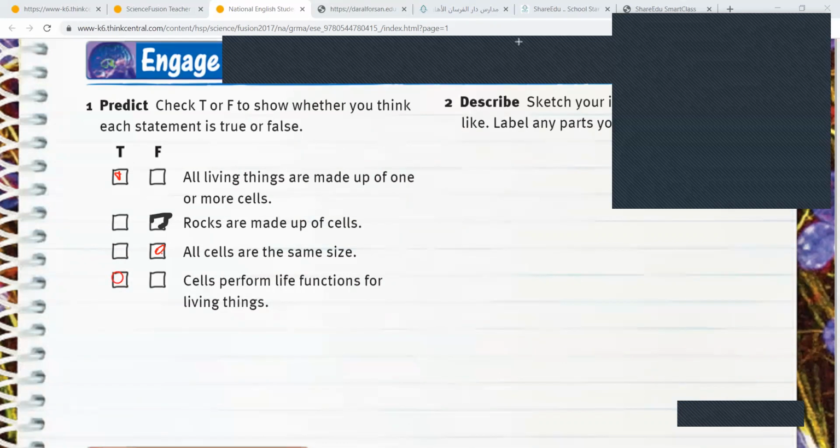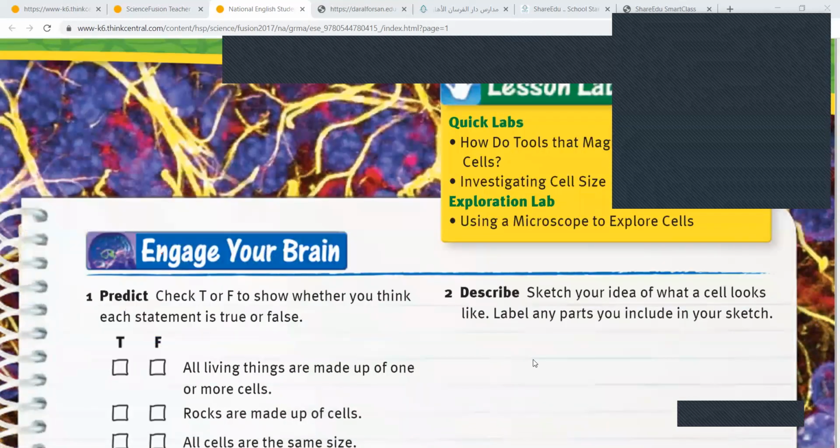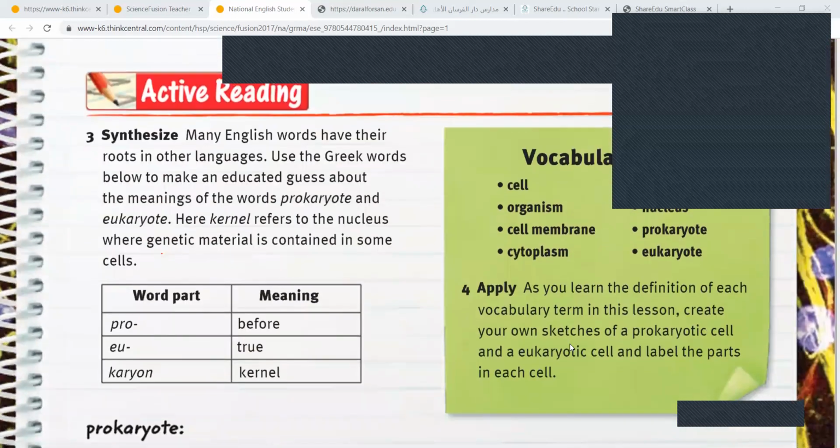Later on, when your book comes, you will just draw simple, whatever comes to your mind. For example, you remember last time when you saw a cell through the microscope, I told you to draw on paper. You will draw what you like, how you feel the cell is.